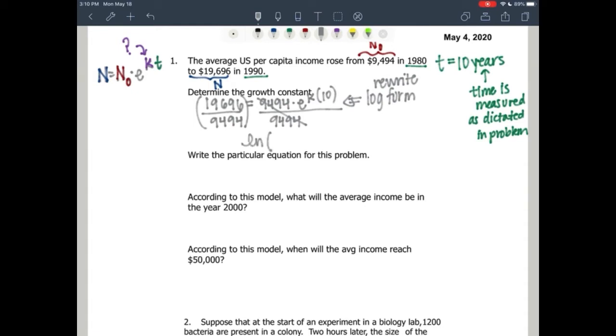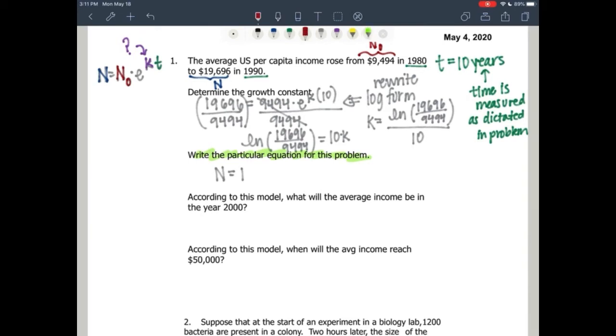So the natural log of that fraction is equal to 10K, 10 times K. We're going to divide both sides by 10, so K is equal to the natural log of that fraction, whatever that value is, divided by 10, and that's what K is equal to. So I'm going to put this into my calculator, and I'm going to be able to write the particular equation for this problem. Now let's think about what's changing.